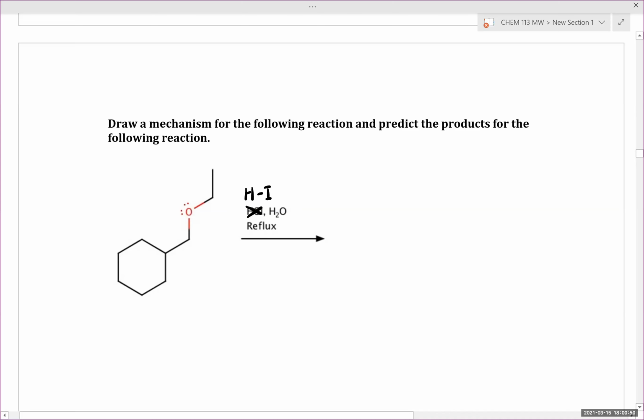Okay, so if we treat the following ether with hydroiodic acid and water at high temperatures, let's try to draw a mechanism for this reaction and predict the products for this reaction. And in this case, you may get a mixture of products.